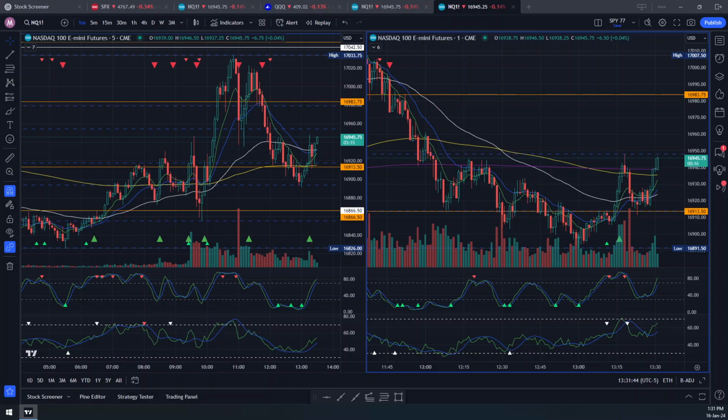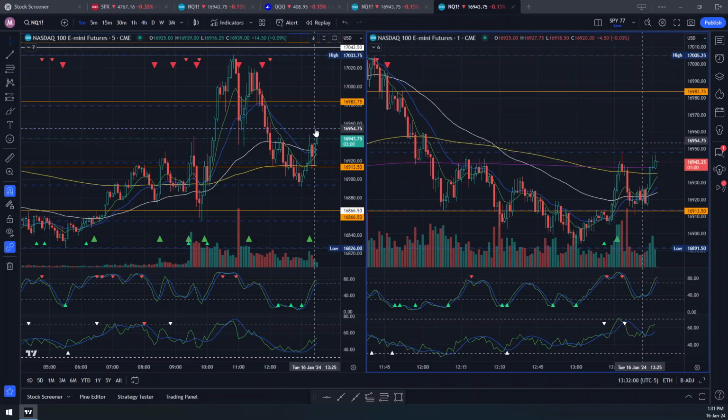950 is the place where I'm targeting to get in now. So 950 will basically be a short, taking out this high. Sorry, at 950 I'll be taking one contract, not two, because on the 5-minute we have resistance here.